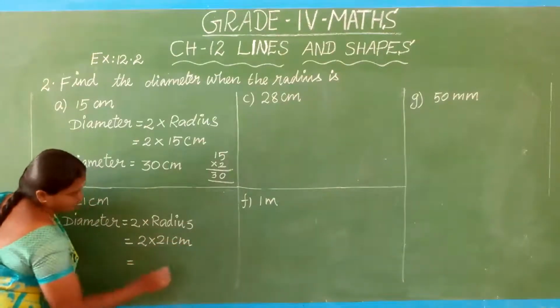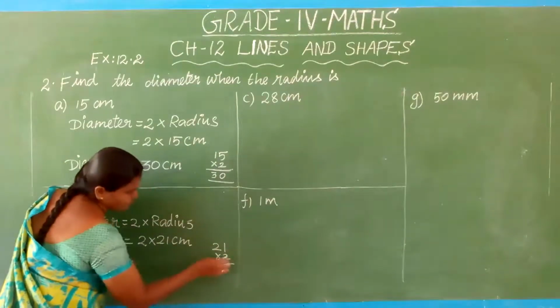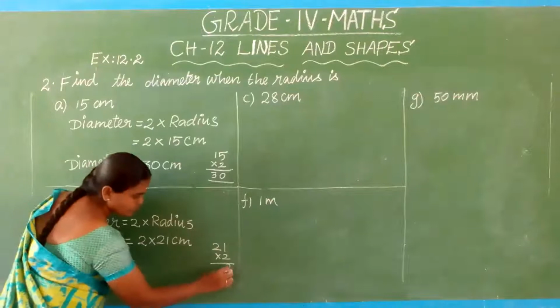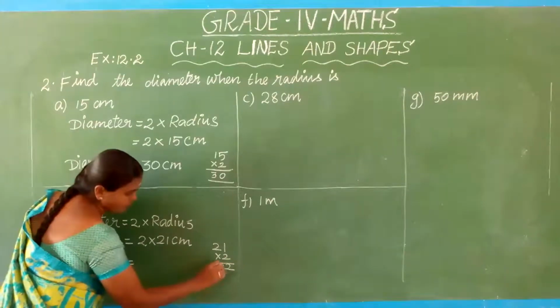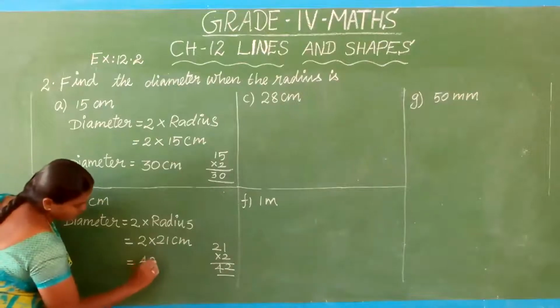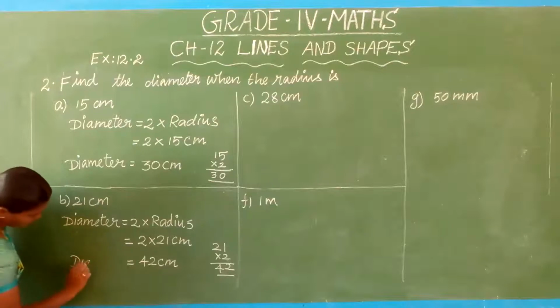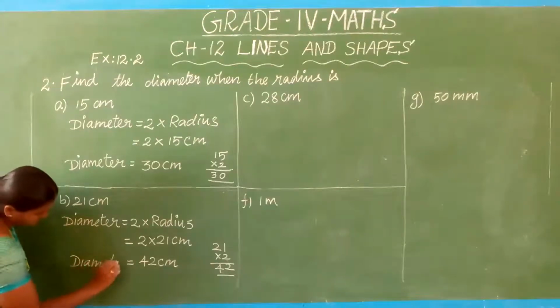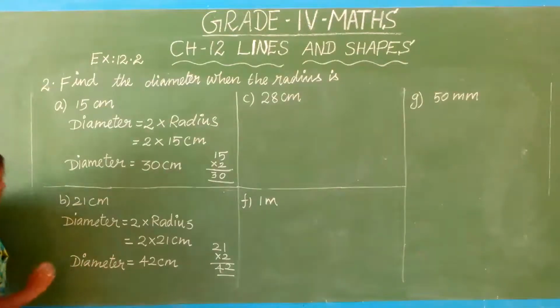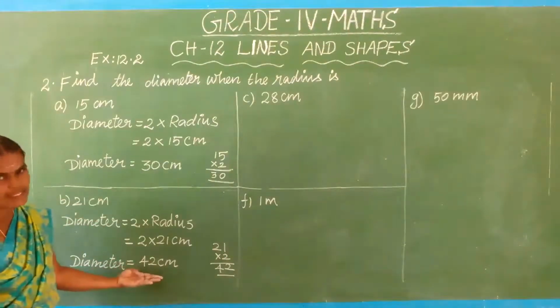Multiplication: 21 multiplied by 2. 2 ones are 2. 2 twos are 4. So your answer is 42 centimeter. So diameter equal to 42 centimeter.